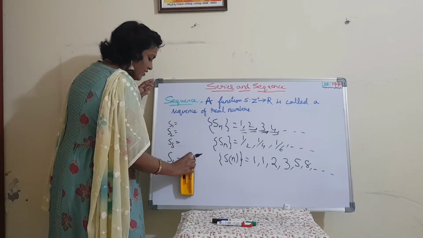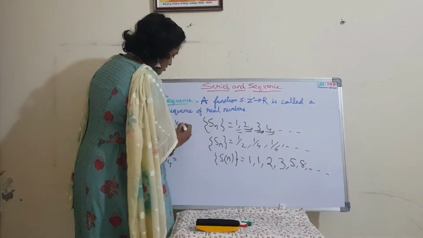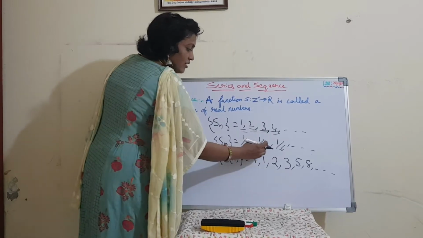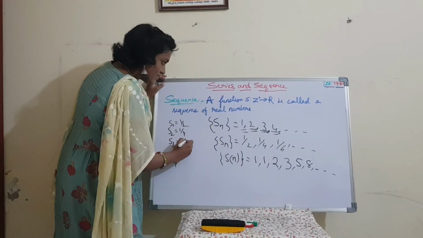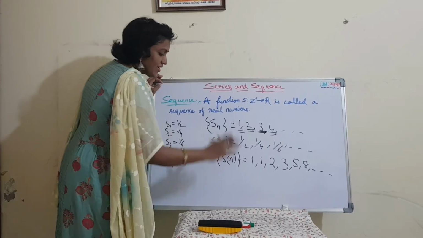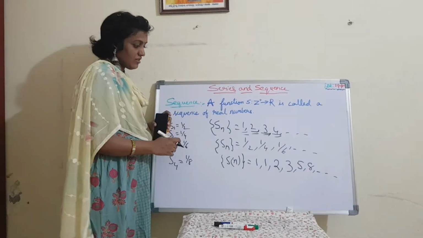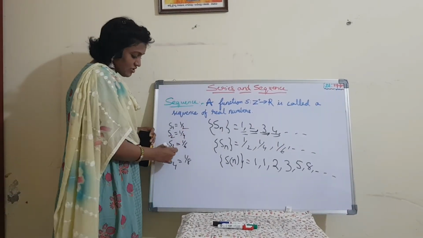What is S1 here? 1 by 2. The second one is 1 by 4. The third one is 1 by 6. The fourth one is 1 by 8. Like that we can denote it with S1, S2, S3, S4.